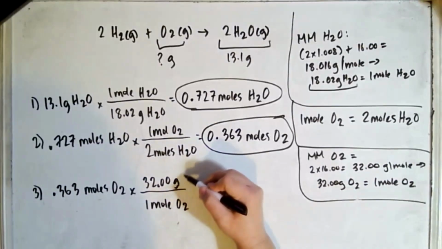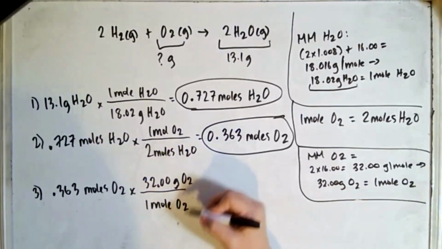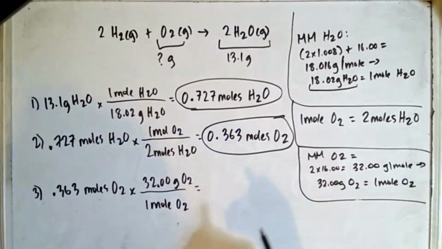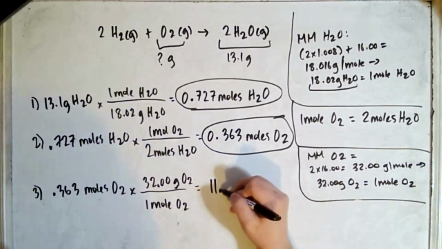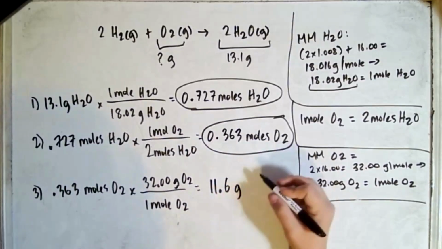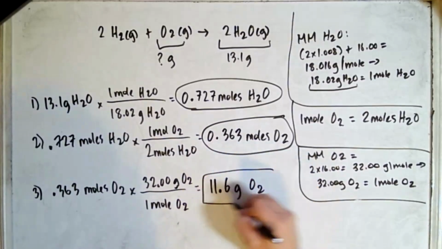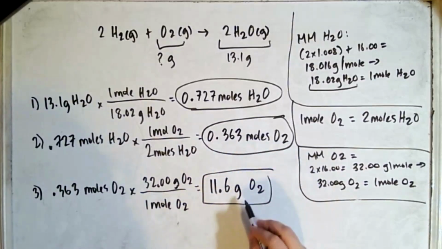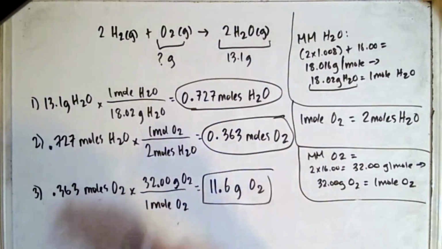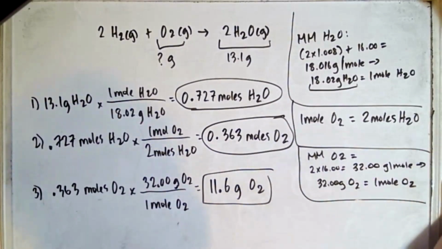Sometimes it's easier to remember where the numbers are supposed to go if you can talk yourself through it like it's a story. And then we end up with 11.6 grams of O2 as our final value. So we would need to react 11.6 grams of oxygen in order to produce 13.1 grams of H2O. That's what this all tells us.